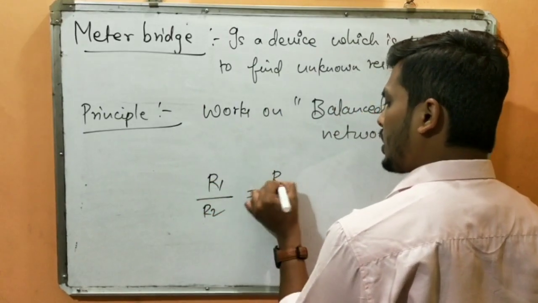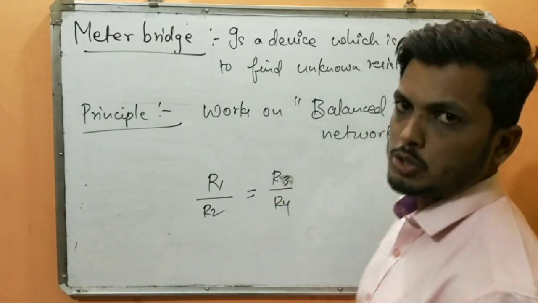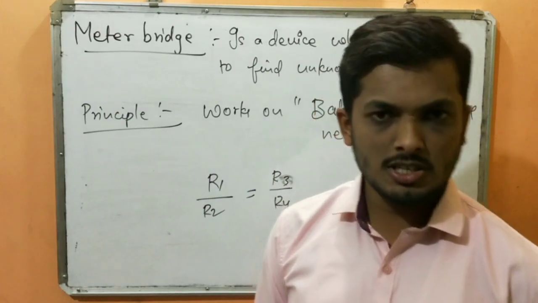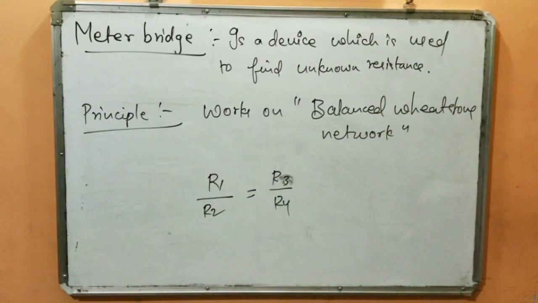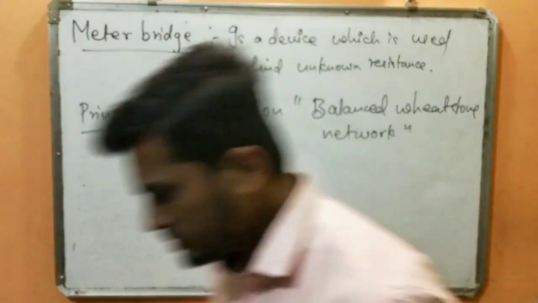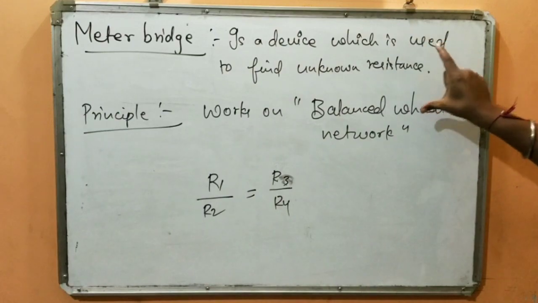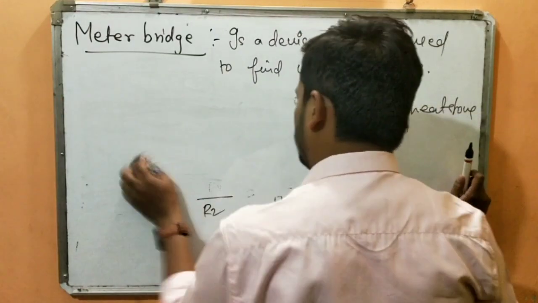It demands 4 resistances, out of which we must know the value of any 3. And once we know the value of any 3 resistances, easily I can get the value of the unknown resistance, that is the 4th resistance. Fine. So you are expected to write this, and only then you start the actual practical.